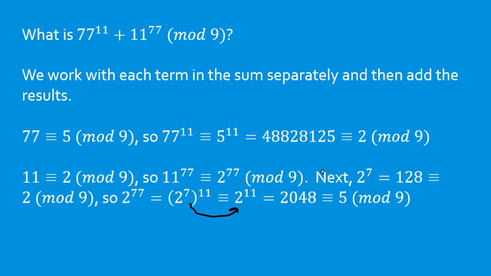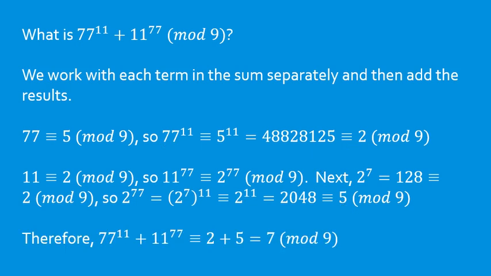So I found that 77 to the 11th was congruent to this mod 9, and 11 to the 77th was congruent to that mod 9. So we take the sum of those. 77 to the 11th plus 11 to the 77th is congruent to 2 plus 5, or 7 mod 9.